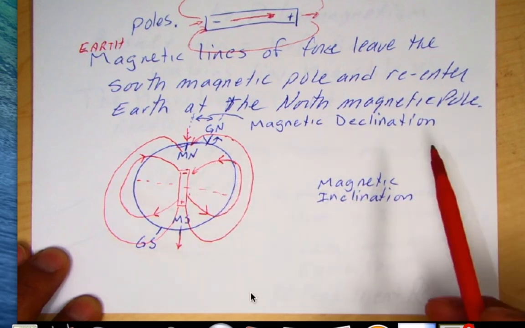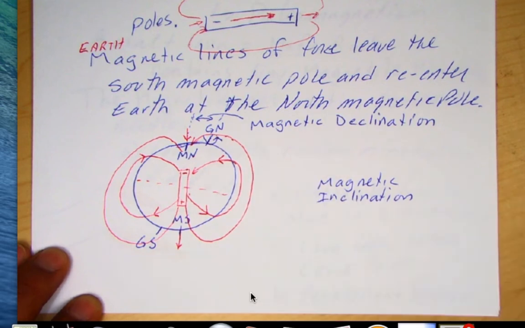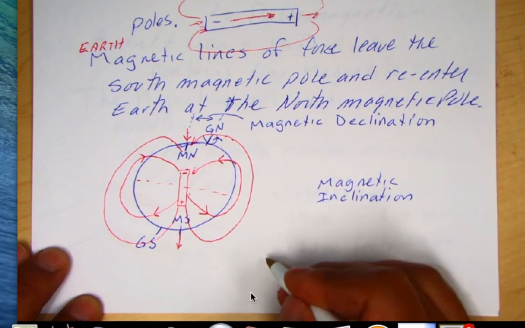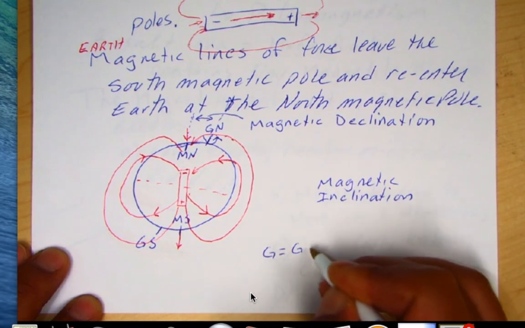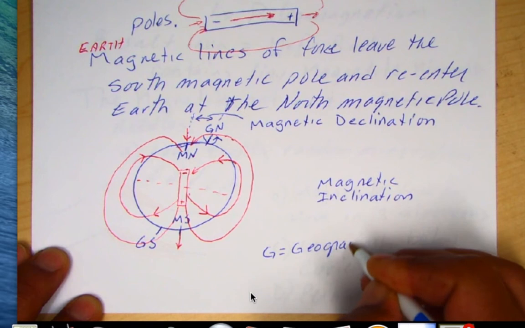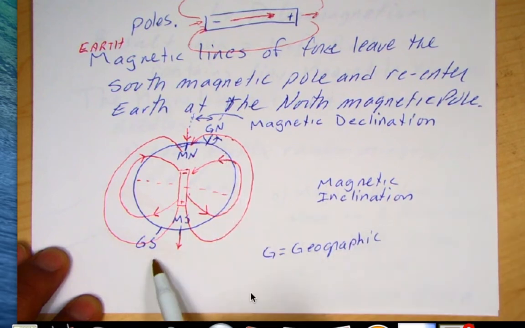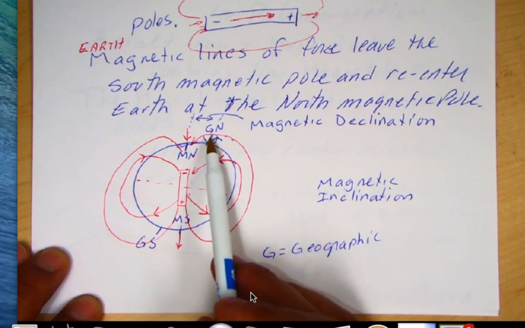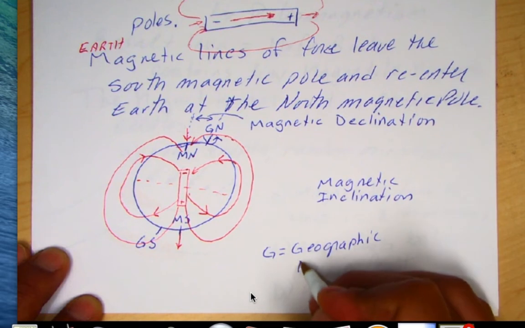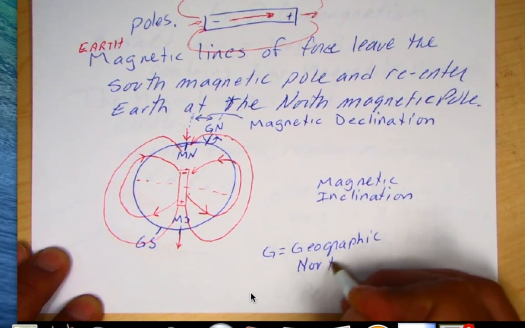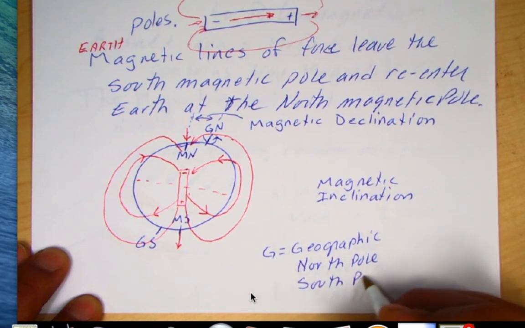There's a couple of points I want to add here. There's this GN up here, and GN and GS stand for geographic north and geographic south. That's the axis upon which Earth spins, so basically the North Pole or the South Pole, and those don't move.